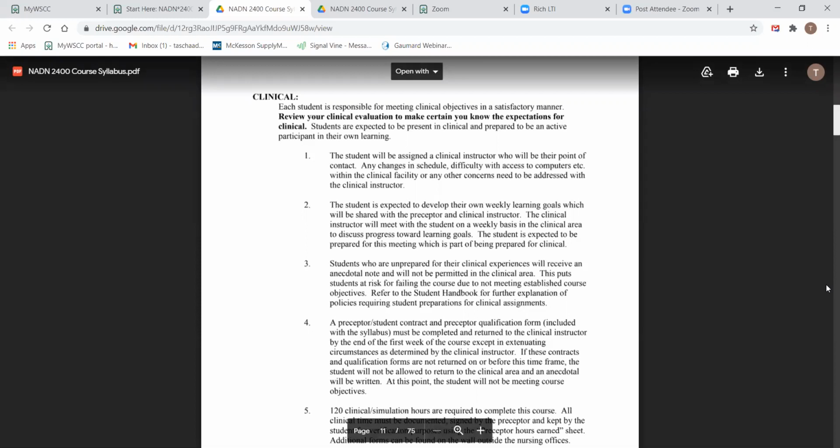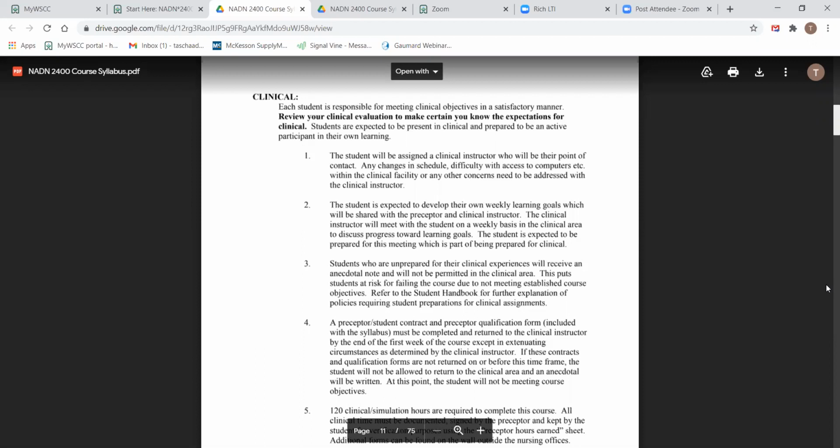You will need that break. Your clinical instructors will need that break. So only in extenuating circumstances would this be allowed.